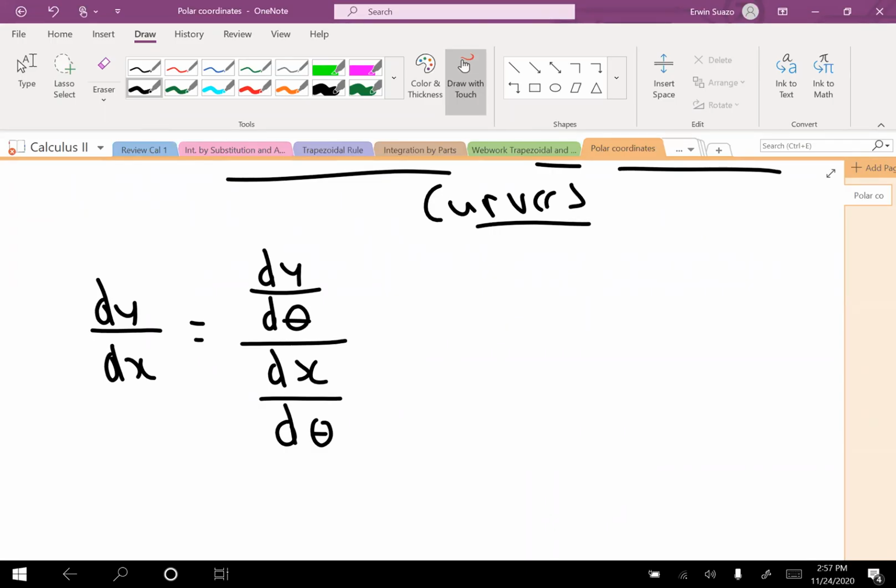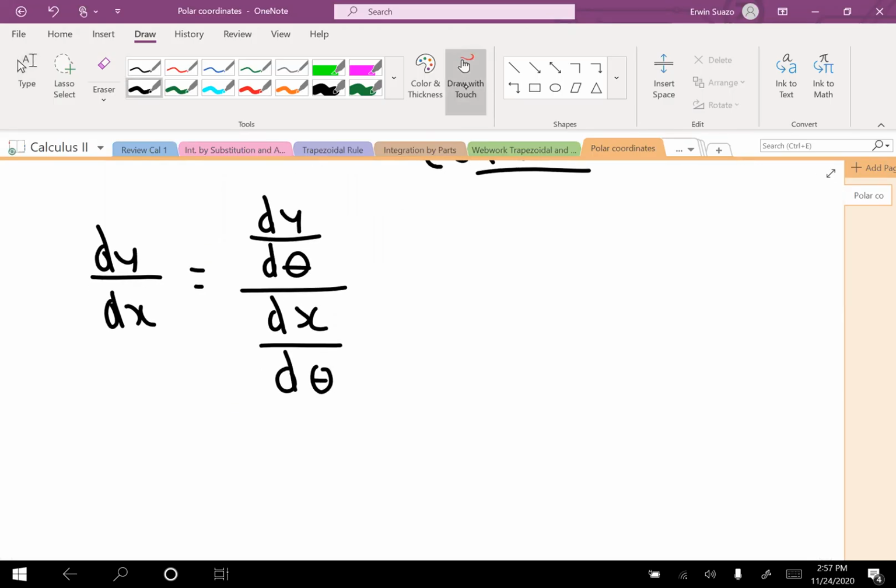So what we need is to find the derivative. I'm going to do this to make your life easier. So you have a problem like this. You have x is r of theta times cosine of theta, and y is r of theta times sine of theta. If you are planning to take calculus 3, this will be useful for your calculus 3.